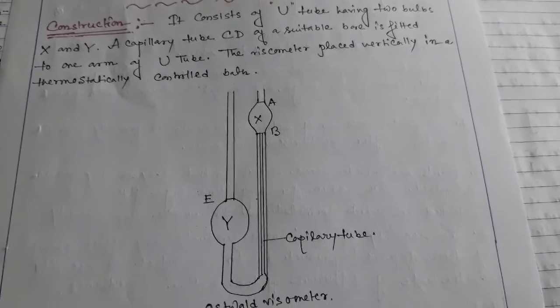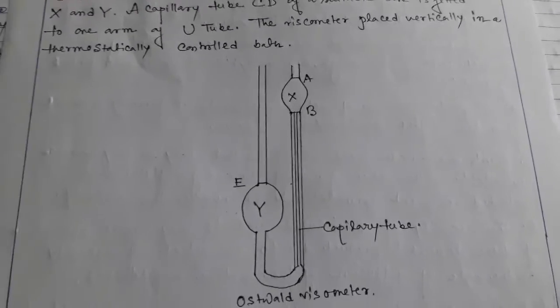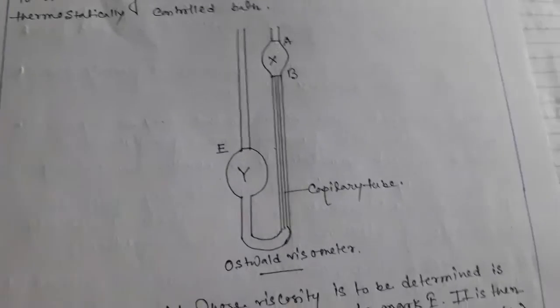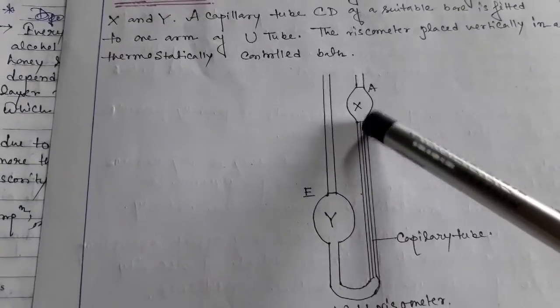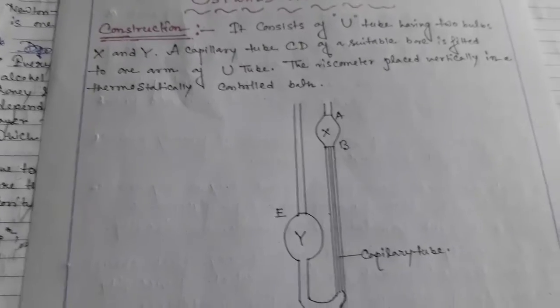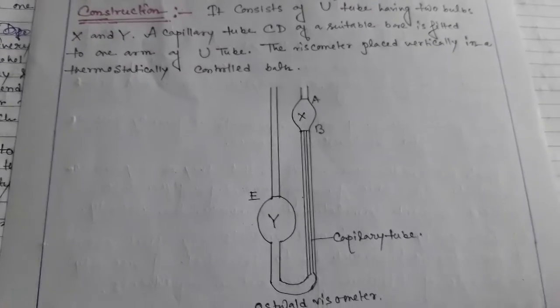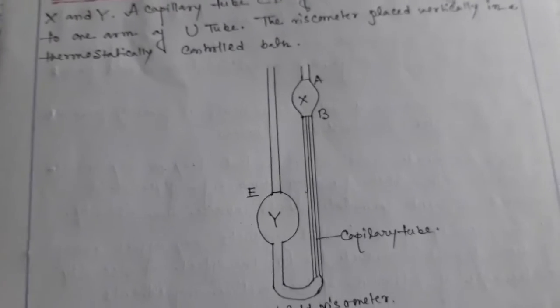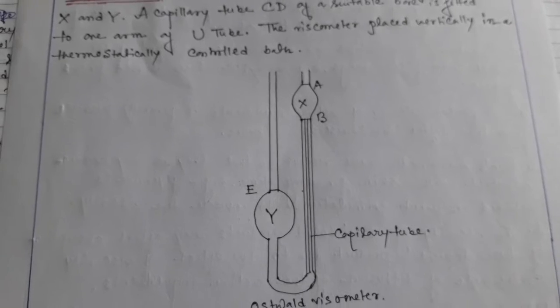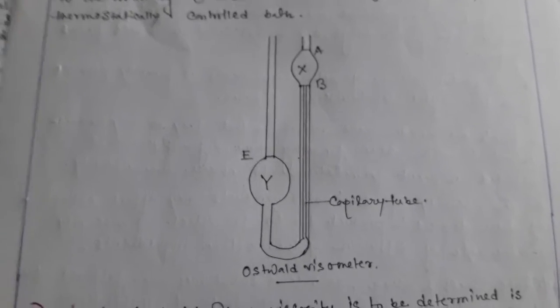You can easily identify the CD part, this part C and this part D. The viscometer is placed vertically in a thermostatically controlled bath.